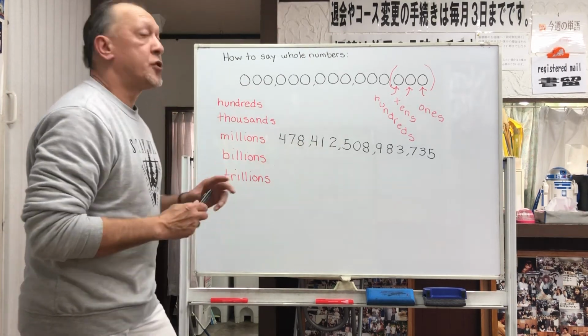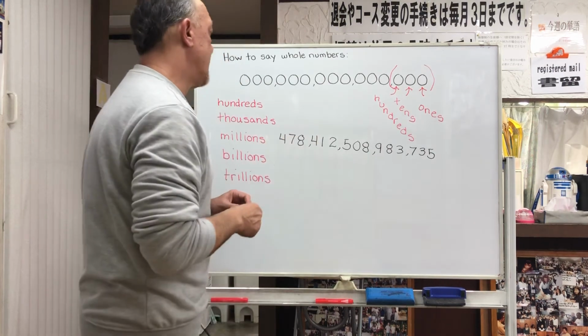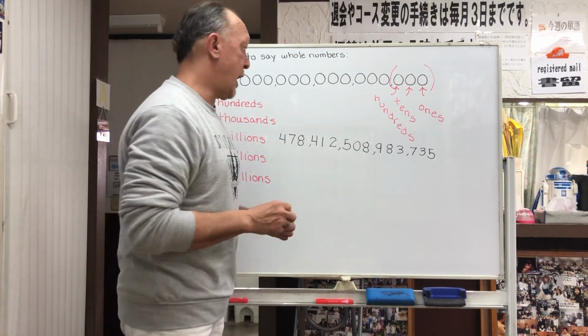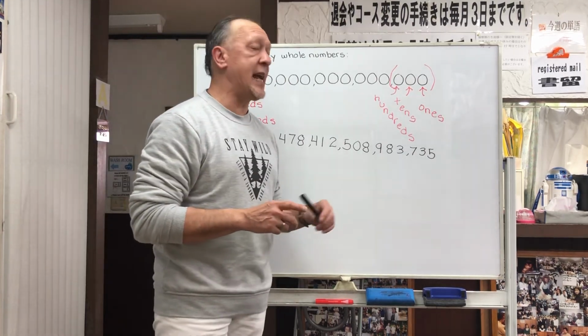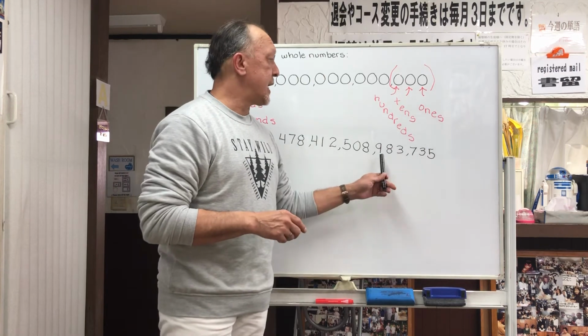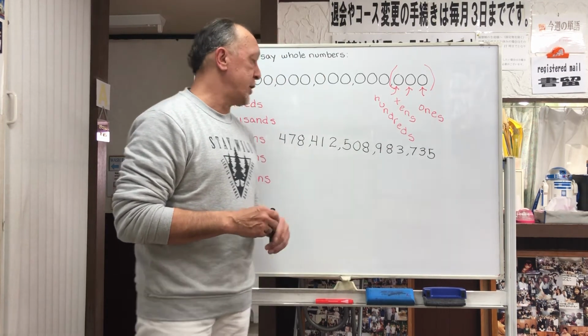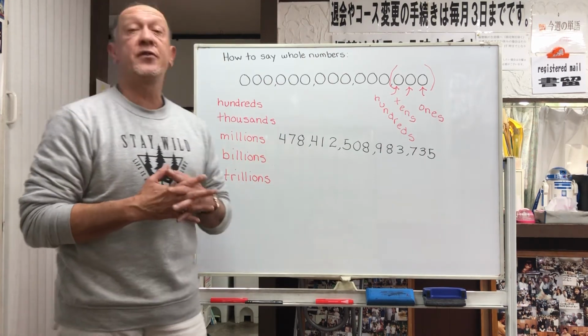This will be trillions. Pronunciation, trillions. 478 trillion, 412 billion, 508 million, 983,735. This would be the correct form of speech.